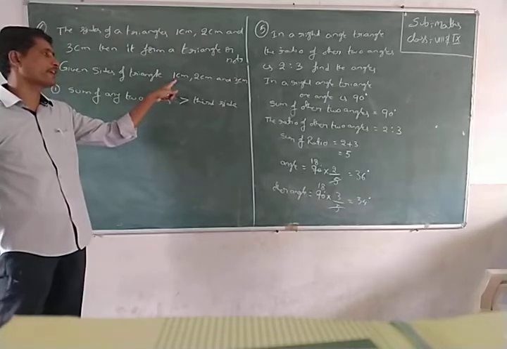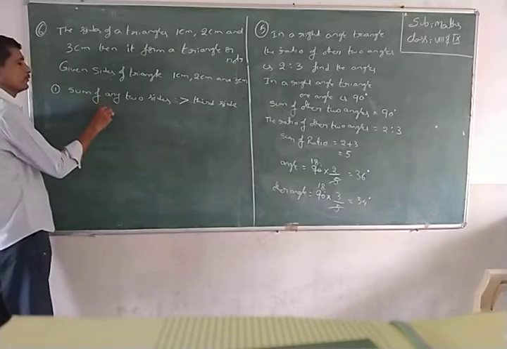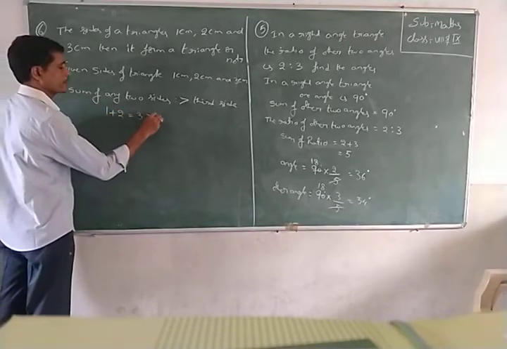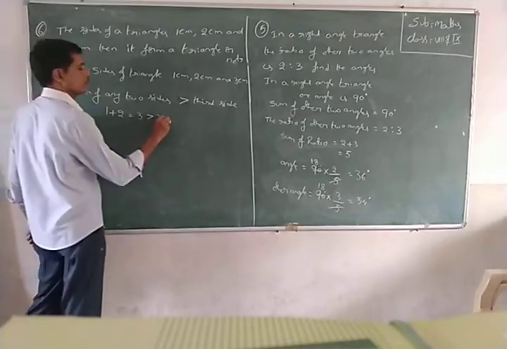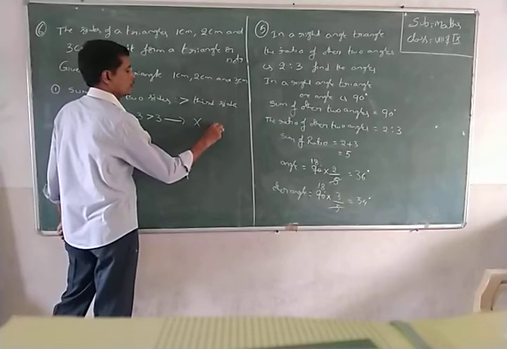You can write it with the greater-than symbol. Here the first side is 1 centimeter, the second side is 2 centimeters, and 1 plus 2 equals how much? 3. Is 3 centimeters greater than 3 centimeters? No. The condition has failed.